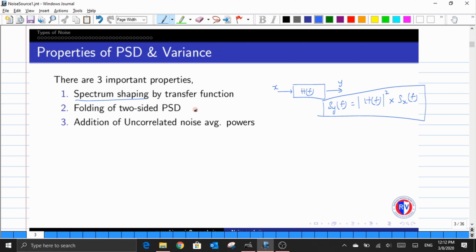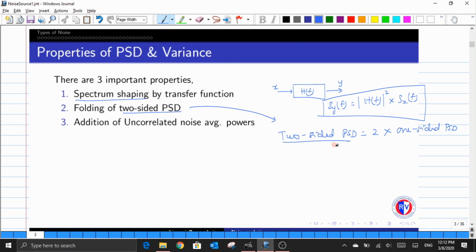The next property that we looked at was the conversion of a two-sided power spectral density into a single-sided power spectral density. A two-sided power spectral density could be written as just a product of the one-sided power spectral density, provided this two-sided power spectral density is symmetric about the frequency 0.